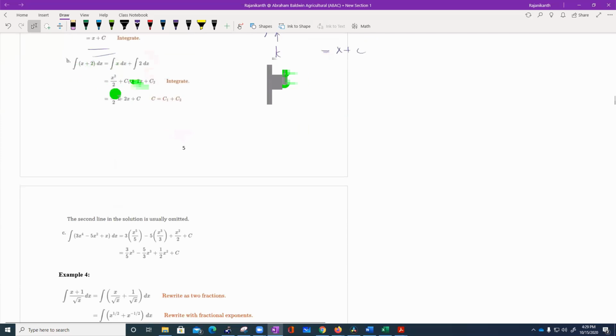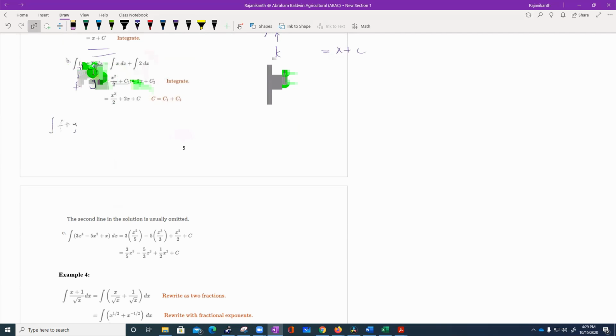Here, what are they doing? By splitting the integral sign separately for these two. You could think of these two like two functions. This is like the f function. This is like the g function. You have a plus sign in between. Remember the formula?